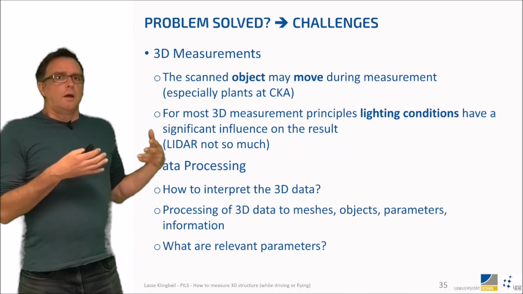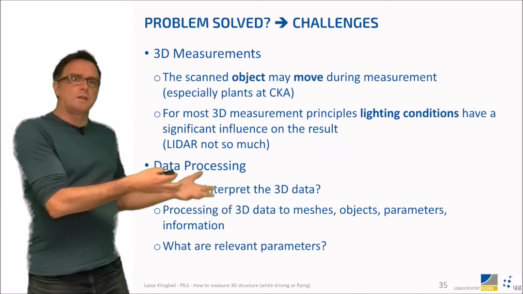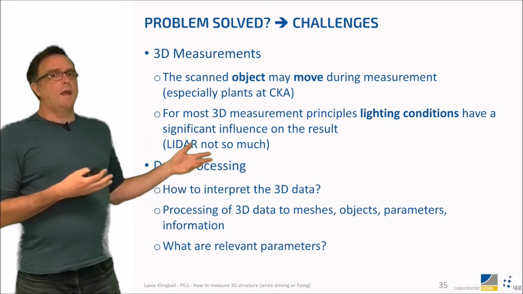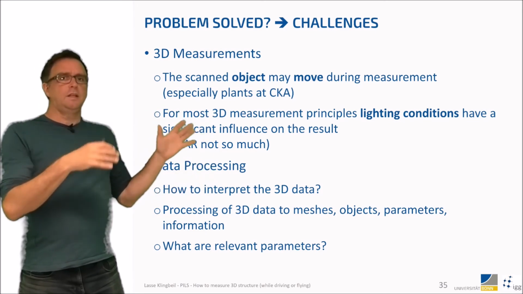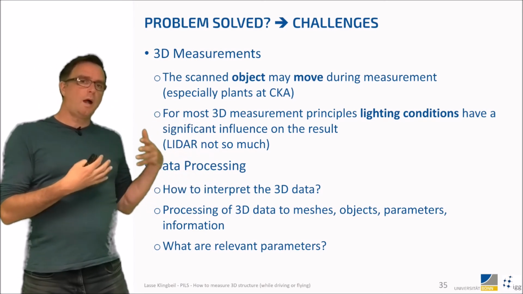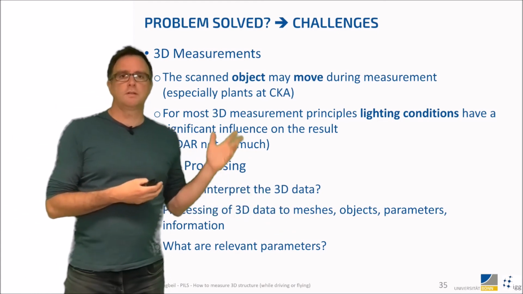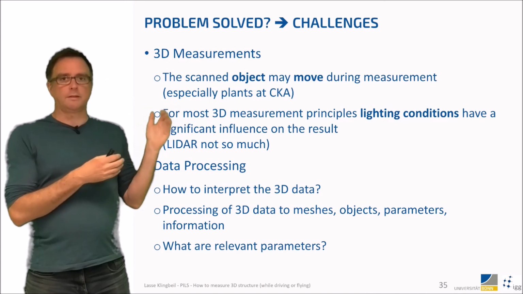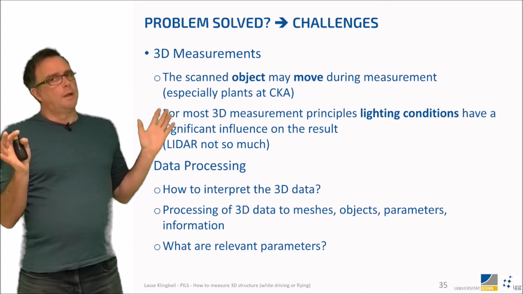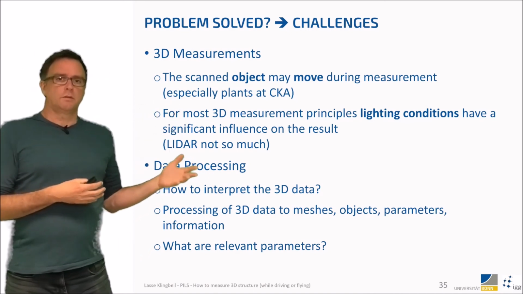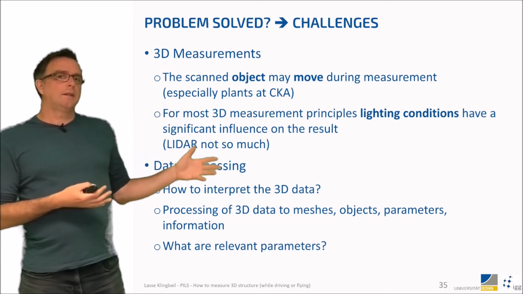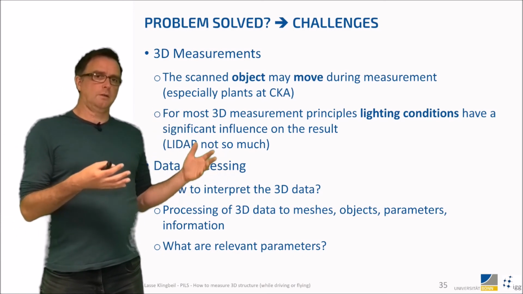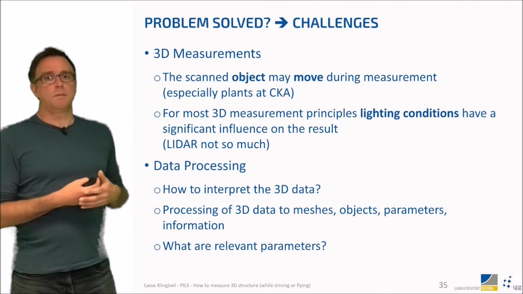In the 3D measurement domain, you may have the problem that the actual object or the scene is moving or changing while you drive through it. For example, plants in Klein-Altendorf, because of the wind, are always moving like this, except at night. And this has to be considered as well. Also the lighting conditions might be very tricky to deal with when you do 3D measurements.